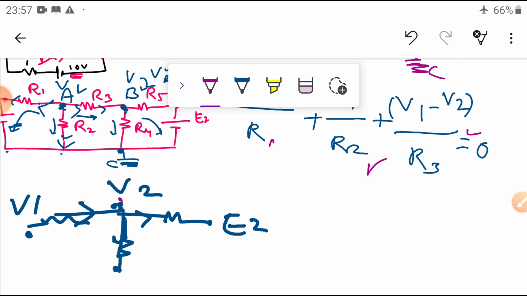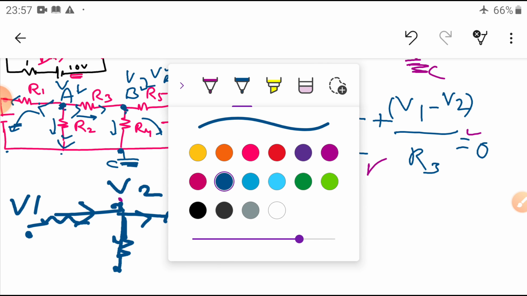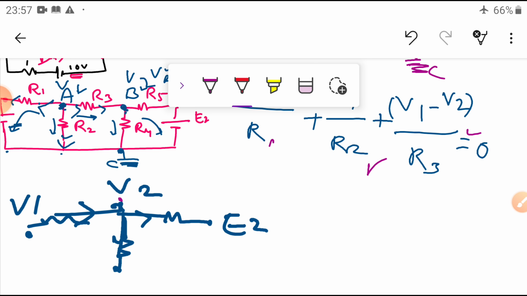So the sum of the currents from the node equals 0. V2 minus E2 by R2 gives us this current, V2 minus V1 by R3 gives us this current, and V2 by R gives us this current. Just remember, friends.